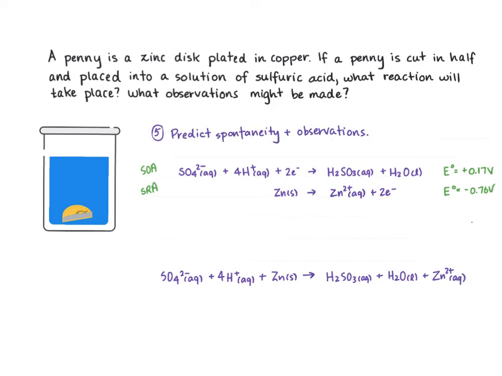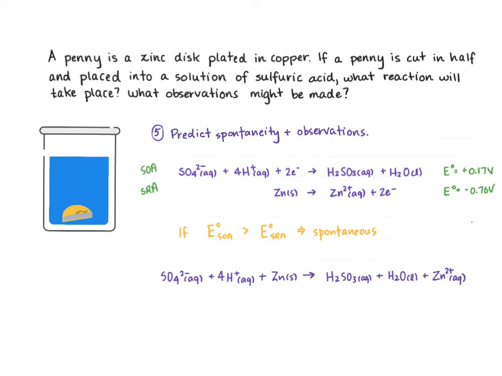Our final step is going to be to predict the reaction spontaneity and any observations we might see. So to predict spontaneity, we're going to compare the E naught value of our strongest oxidizing agent to the E naught value of our strongest reducing agent. If the E naught of our SOA is greater than the E naught of our SRA, this reaction is spontaneous and will occur without any outside energy, specifically electrical energy.